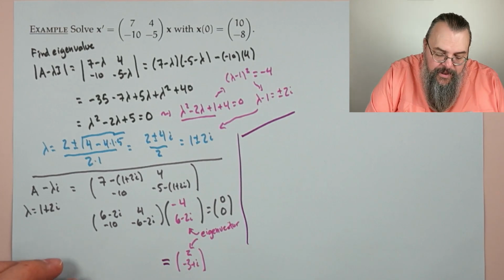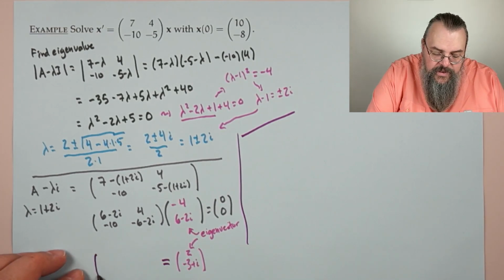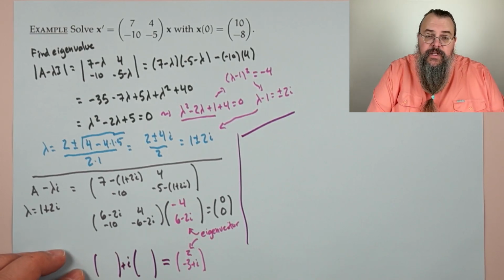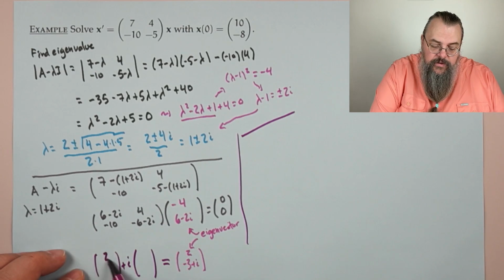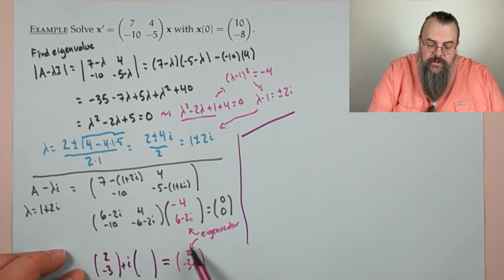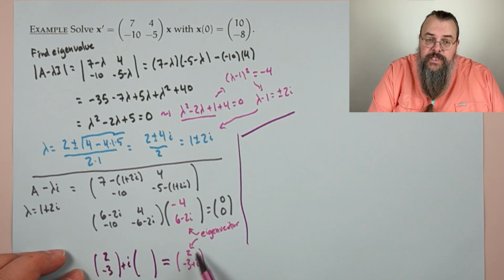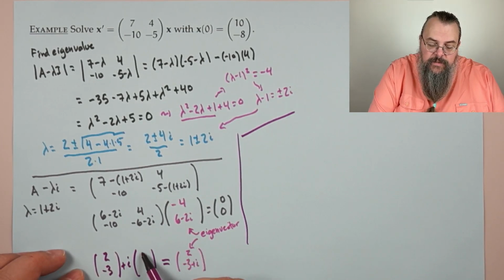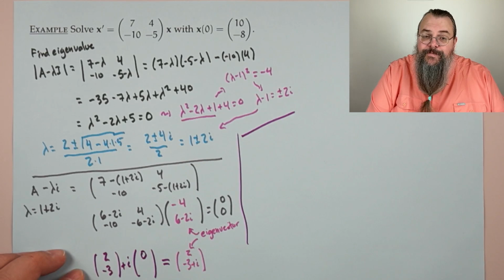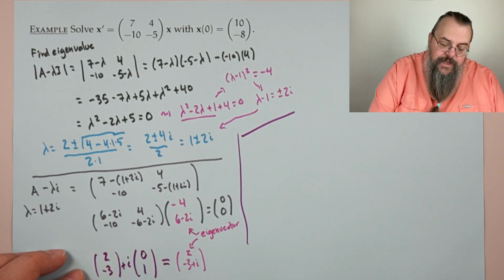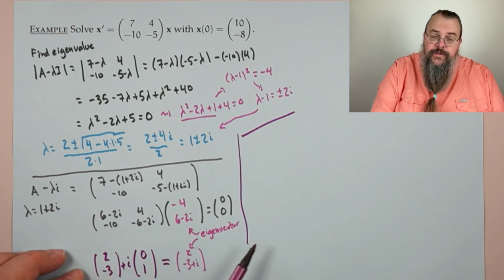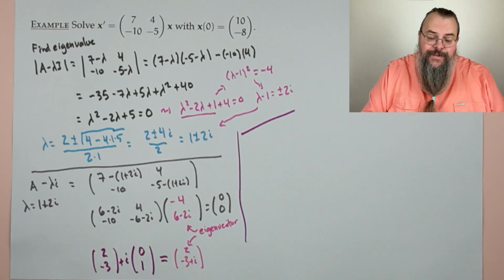The way we pull it apart is to ask, what's the real part and what's the imaginary part? The real part says look for things without i's: 2 and negative 3. What about the parts with the i's? There's nothing here, so we put 0, and here, 1, and we've pulled the i out in front. So that's pulling the eigenvector apart.